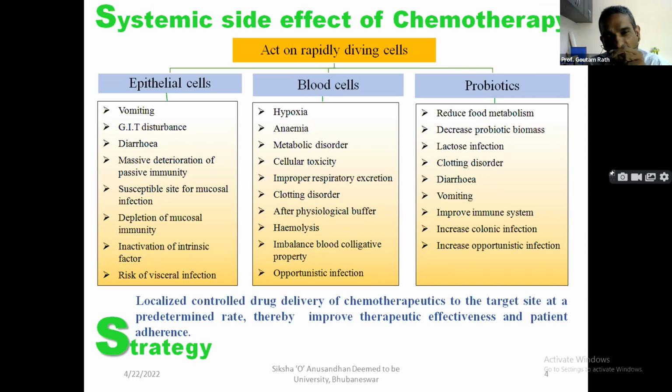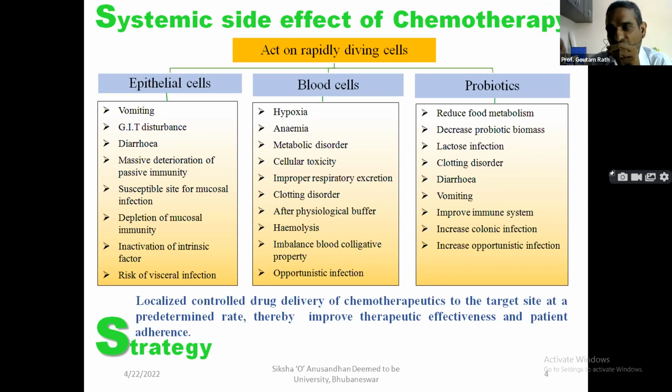Why RBC? Because RBCs multiply at a rapid pace, and the drugs are designed to kill all those cells which multiply rapidly. Exactly the same with GIT disturbance. Why GIT disturbance?